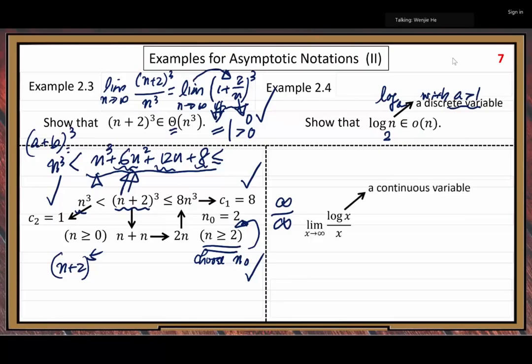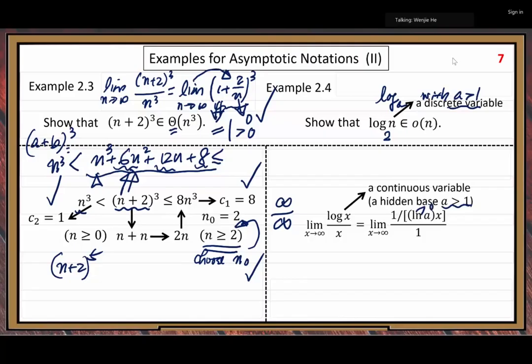So we take the limit, then we take the derivative of the numerator. We copy the formula. That is 1 over natural log of a times x. The natural log of a, because a is greater than 1, is a positive number.